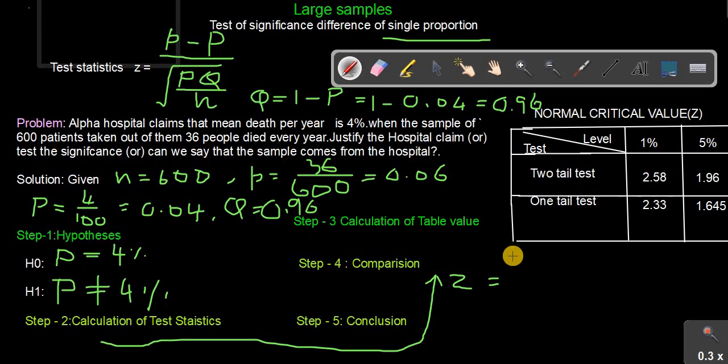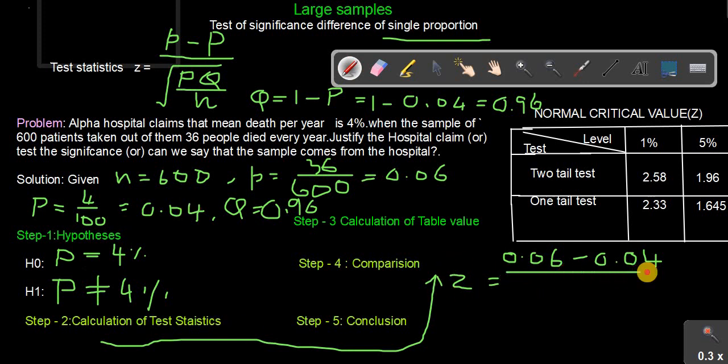It is 0.06, minus capital P, that means the population proportion. What is given there? 0.04. The population proportion is 0.04. Now we have to divide this.